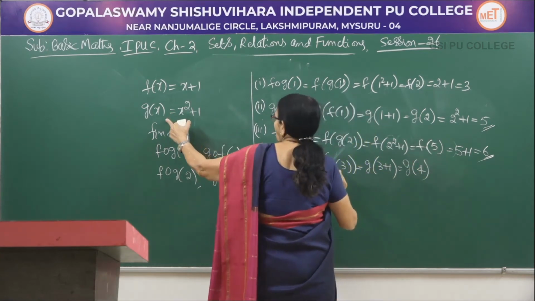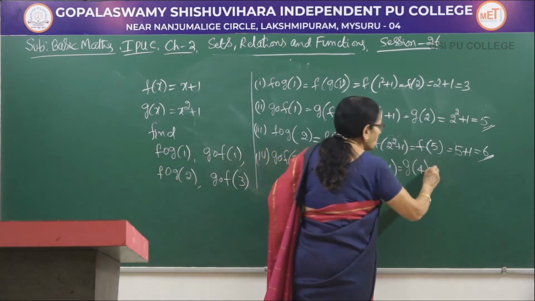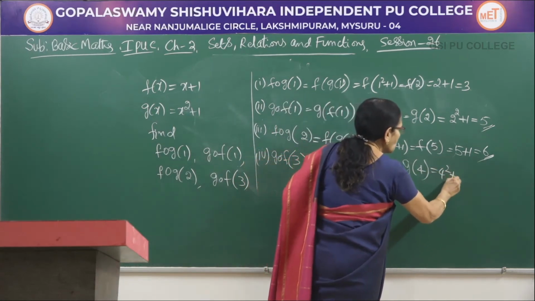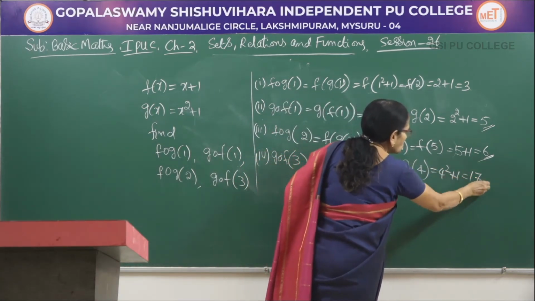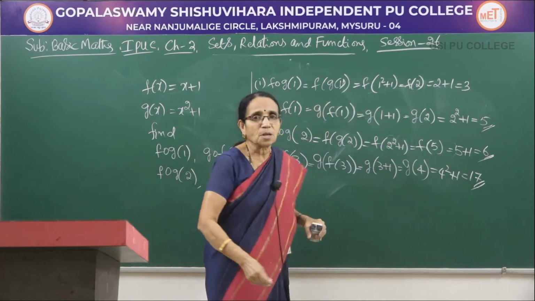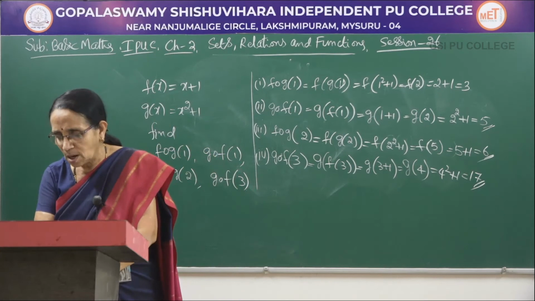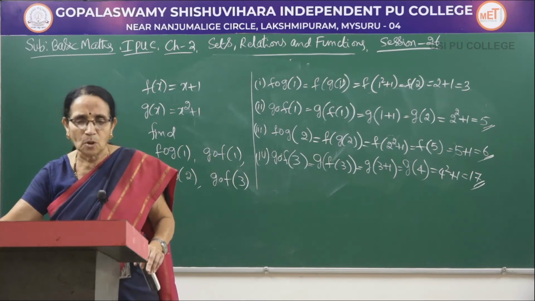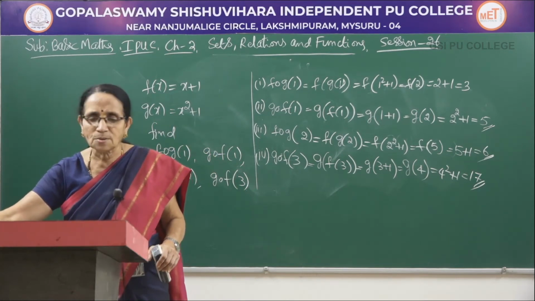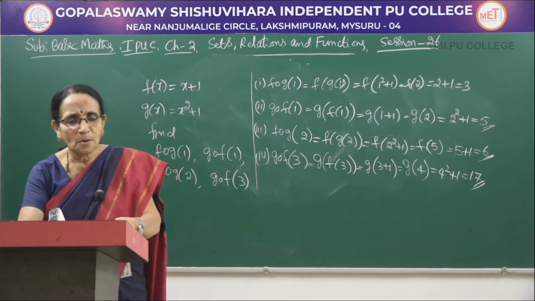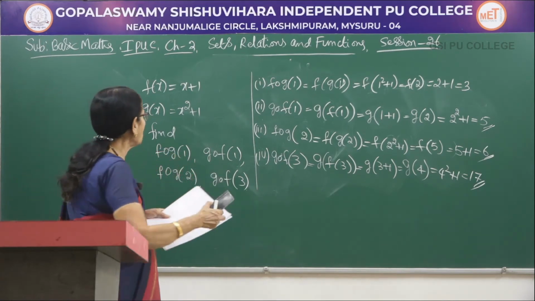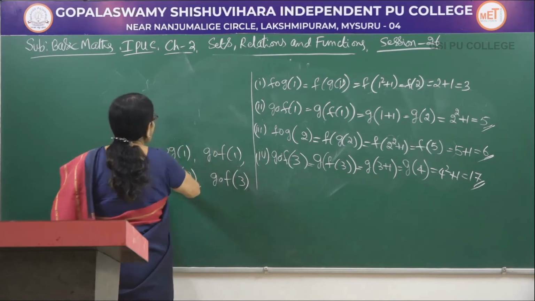Therefore, go to this one. x becomes x square plus 1, 4 becomes 4 square plus 1, that would be 17. 16 plus 1, 17. So this is the procedure we adopt to solve the problems. Now, let me consider another problem where we do the same type of calculation.